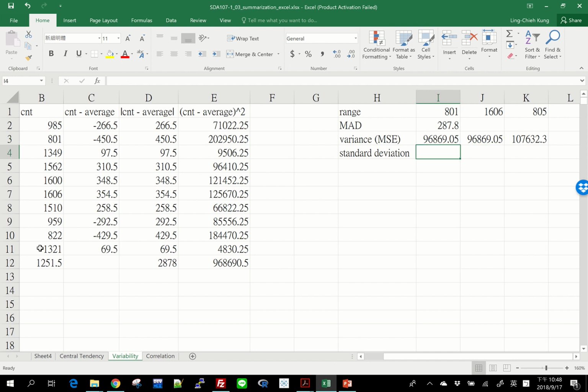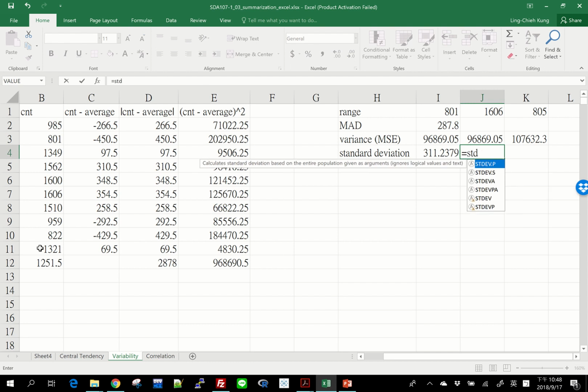Okay. Lastly, standard deviation. Given that you have MSE, you just take the square root of it. Then it's standard deviation. So here I'm using the function SQRT, square root, to apply to any value, and you get the square root. In this case, this is standard deviation.